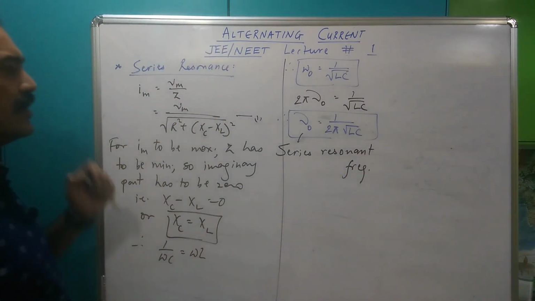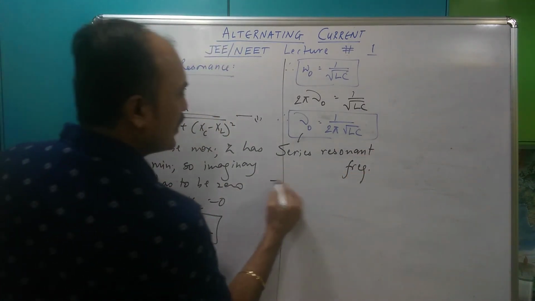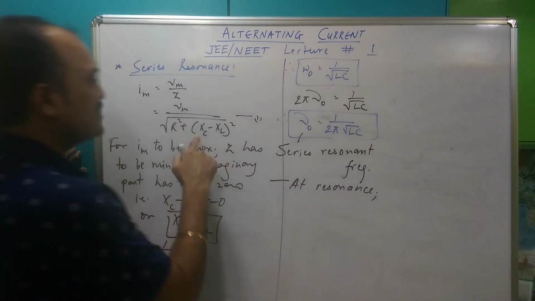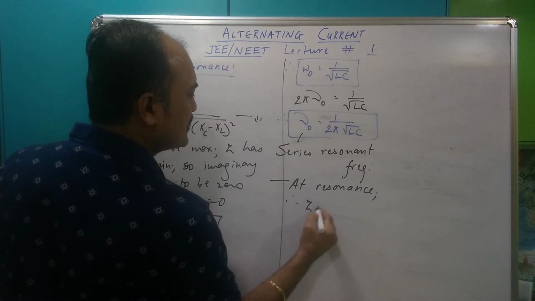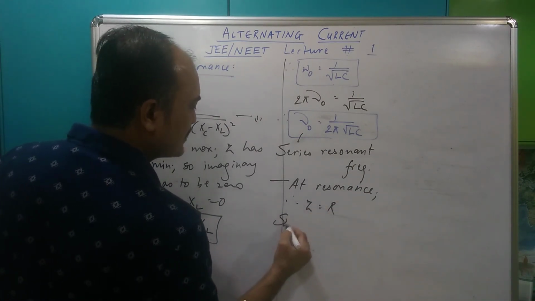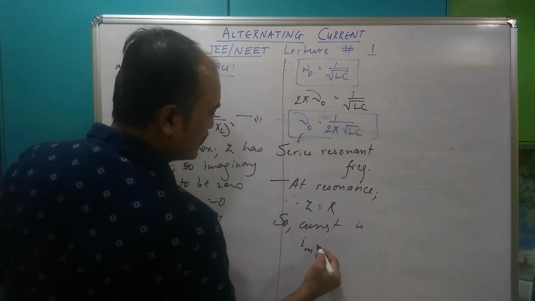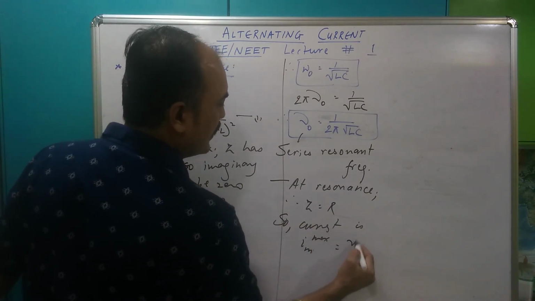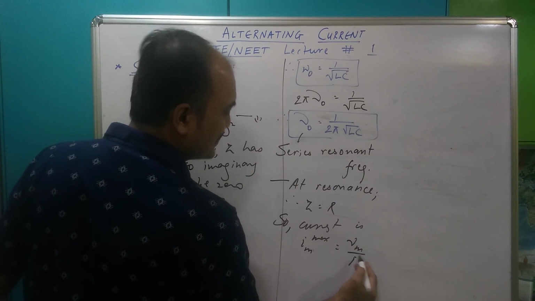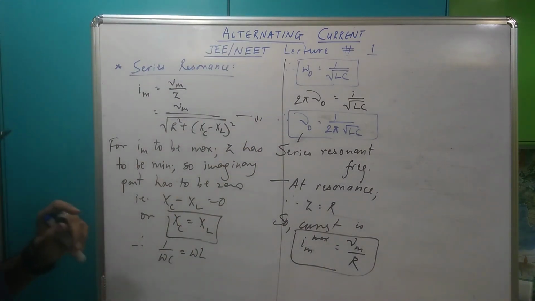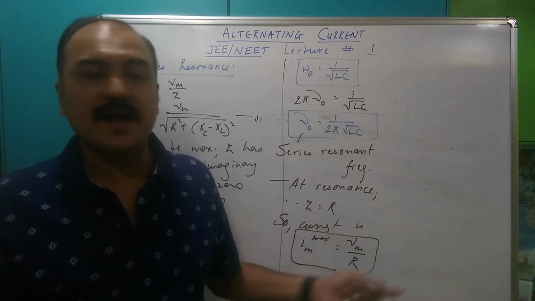And at this frequency, at resonance, as I already said, XC minus XL is 0. So how much is your Z? It is R. So max current at resonance, Im max, is Vm by Z, Z which is R. So if they ask you to find current at resonance, it's simply Vm by R.